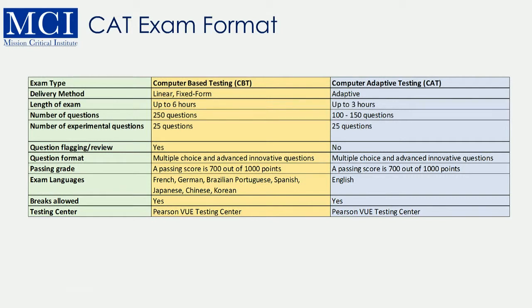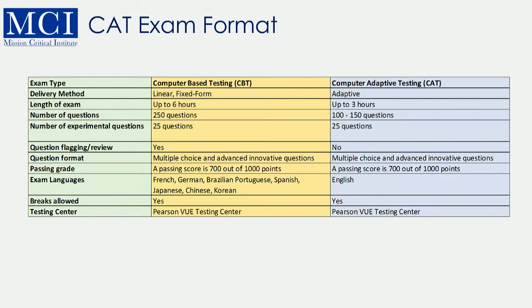It was a linear fixed format, i.e., there was a set of 250 questions, and you could procedurally go through those questions, and you had up to 6 hours to do that. There were 250 questions total. In both cases, there are 25 questions that are set aside for what's called psychometric evaluation. I'll talk about that in a second.